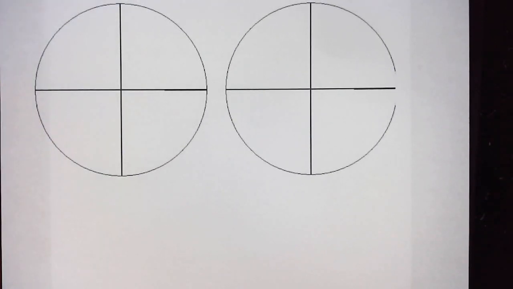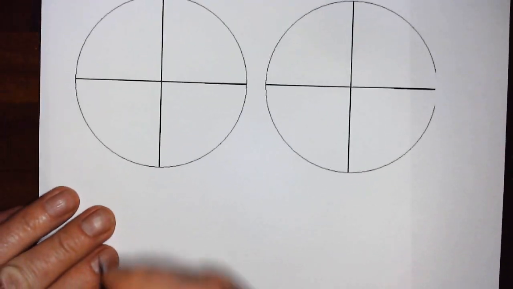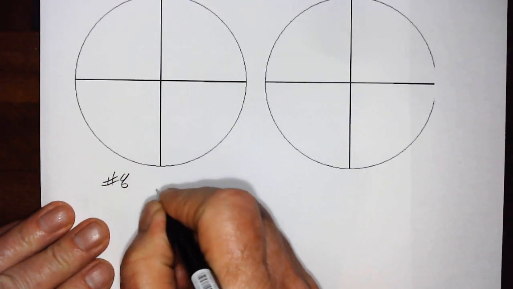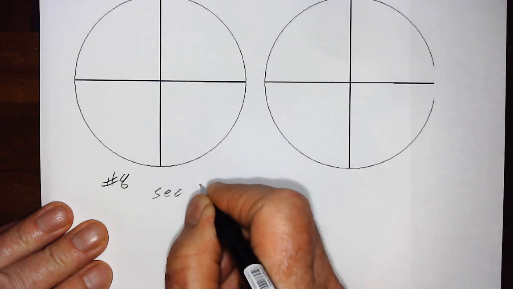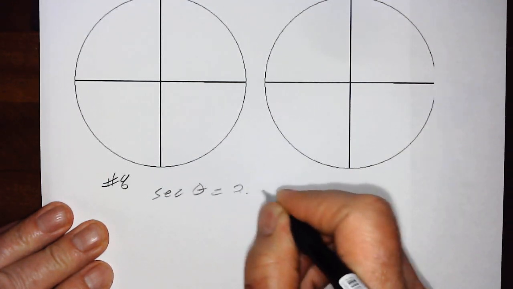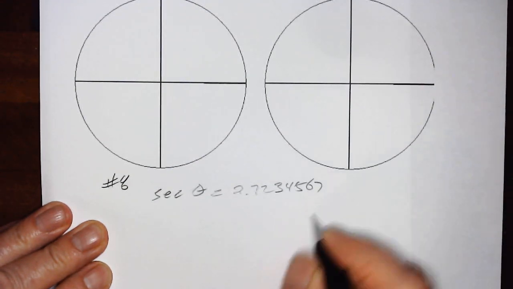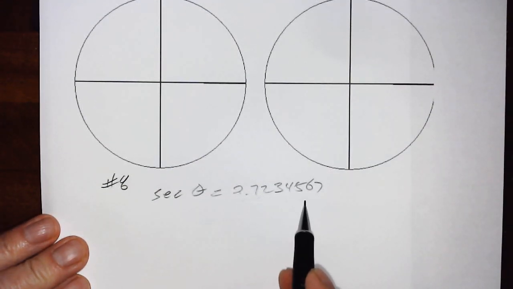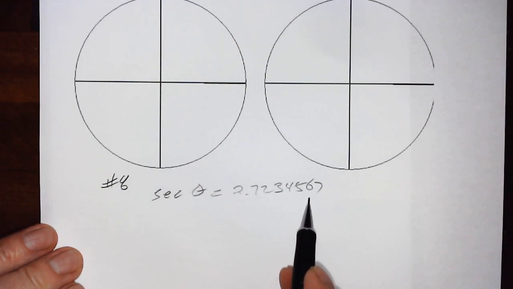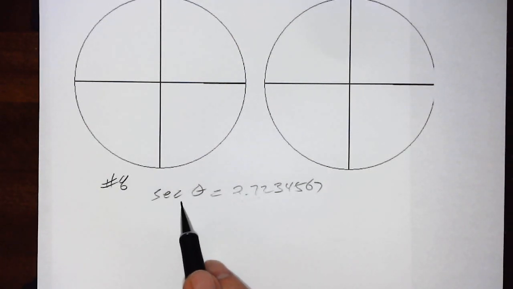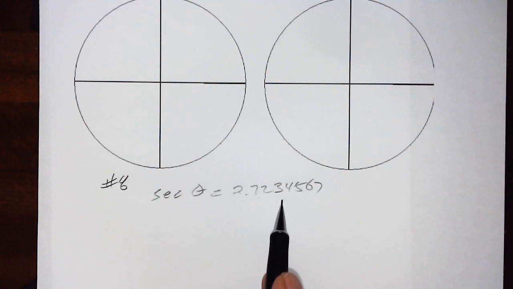It's just a matter of plugging in these ideas now, because in problem 8, they give you a number like this: secant of theta is 2.72. I don't remember the rest of it, but it's something like this. 2.72 and so on. Well, if the calculator would give us secants, we could just use a calculator on this, but we have to convert this.